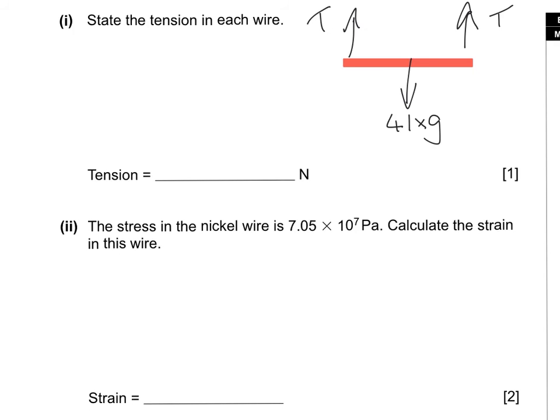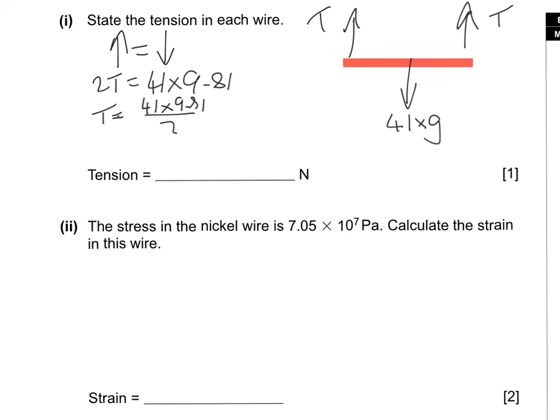So 2T equals 41g. Equilibrium, so 2T pointing up equals 41g pointing down. That means T must be 41 times g over 2, and that works out to about 201 newtons.